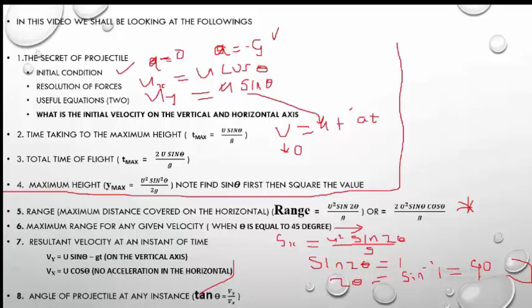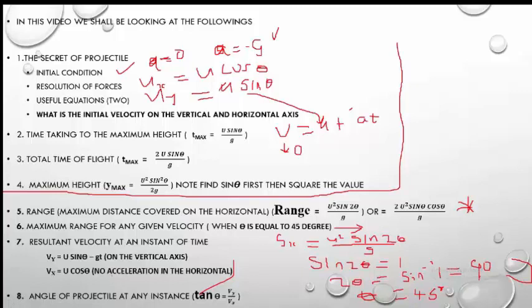So if you divide both sides by 2, it means theta is equal to 45 degrees. So for us to have maximum range, theta is equal to 45 degrees.